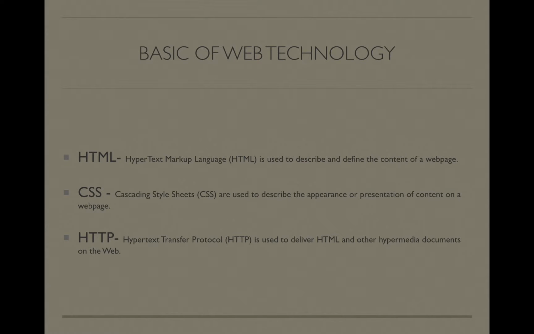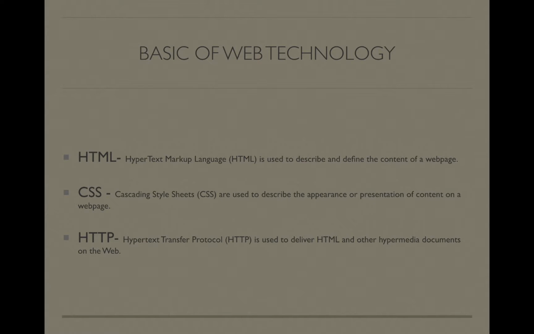So, the basics of web technology: we can simply build a web project like a web application using HTML, CSS and HTTP. HTML is the Hypertext Markup Language, used to describe and define the content of a web page.